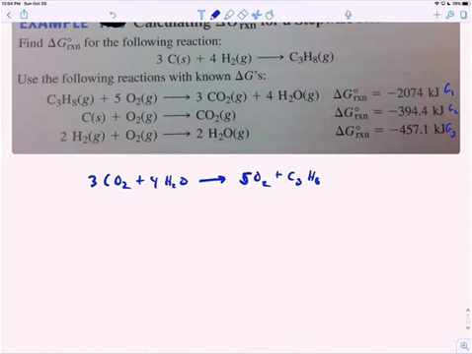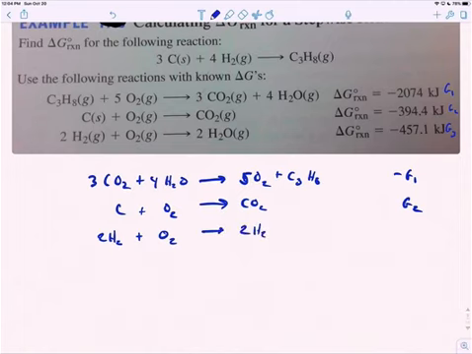And I flipped it, so it's minus G1. Now, carbon is where it should be. So I have carbon plus O2 yields CO2, and this is G2. And hydrogen is where it should be at: 2 hydrogens plus oxygen make 2 waters. Okay, and that's G3.